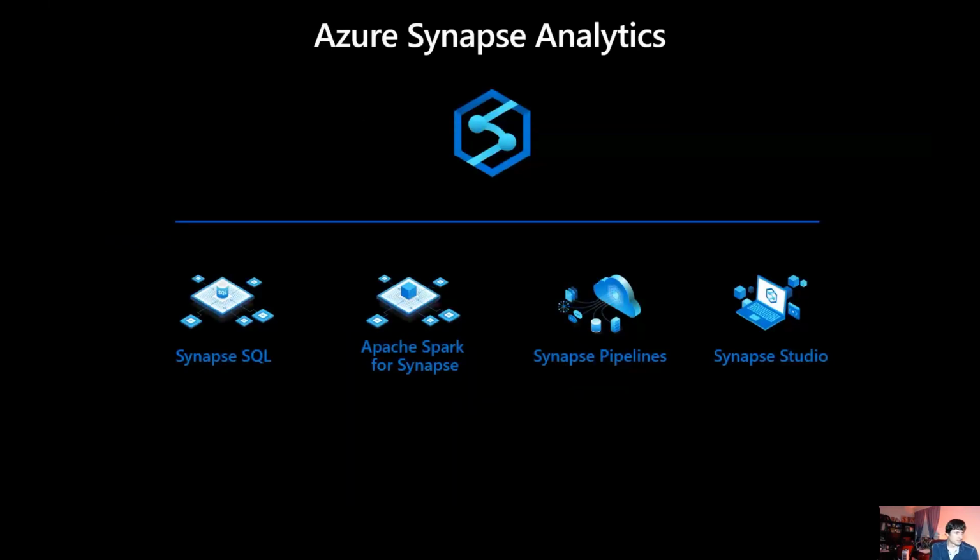So looking at the different features of Synapse, and I'm going to keep calling these features because these are not different products. Apache Spark can be considered its own product when it's done separately, but this is actually part of Synapse. It's a feature of Synapse, along with SQL. How do these features then benefit you as you're developing for Power BI?